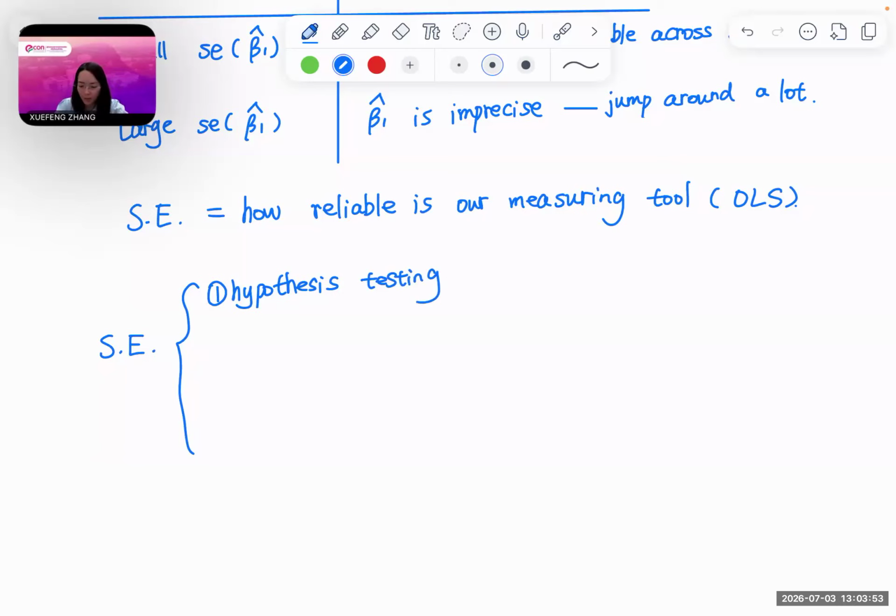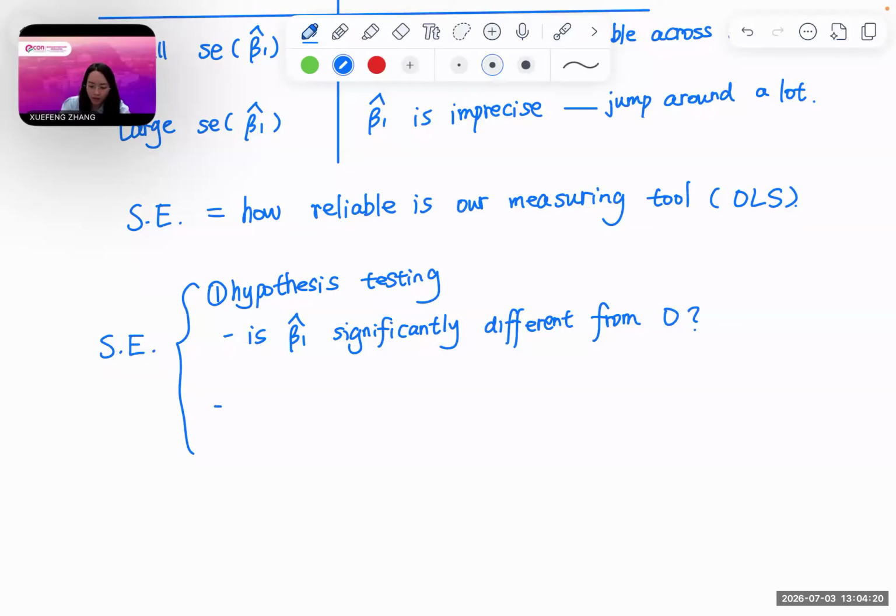For example, is beta 1 hat significantly different from 0?